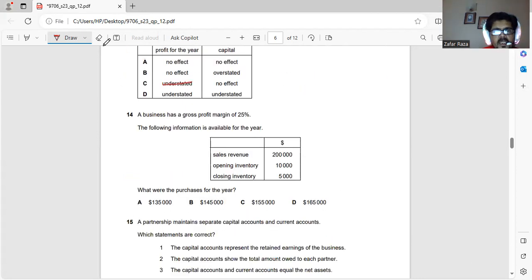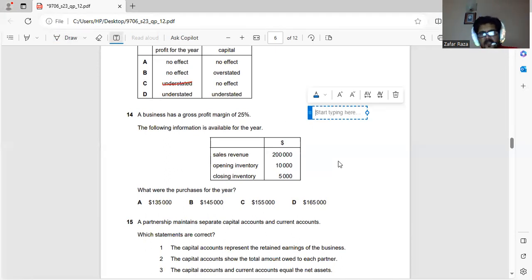Okay. Now for this, what happens? See, a business has a gross profit margin of 25%, sales revenue is 200,000, and opening and closing inventories are given. We are asked to find the amount of purchases. So first we have to calculate the cost of sales. Cost of sales would be 200,000 multiplied by 75%.